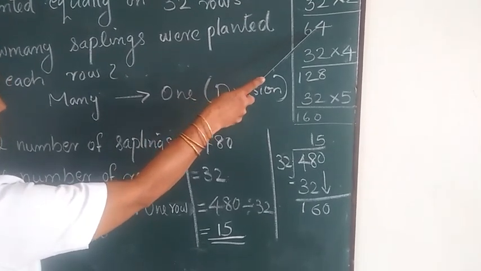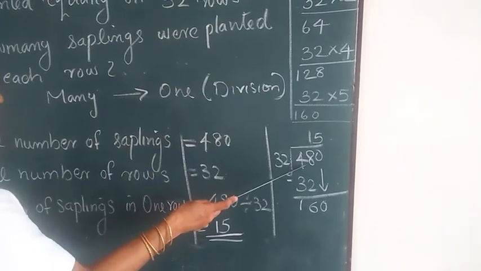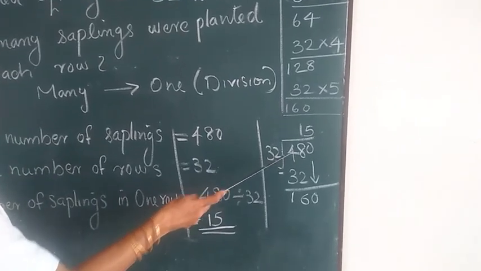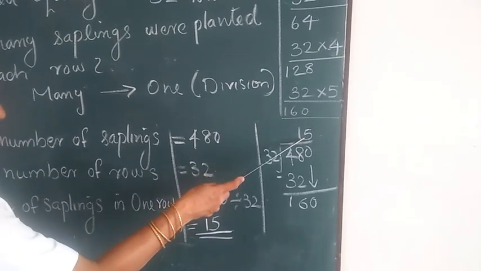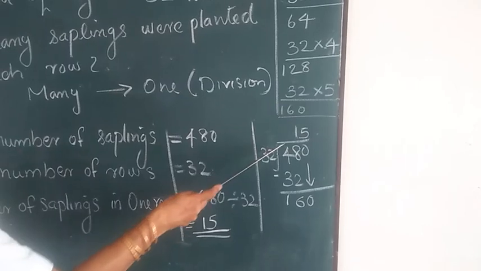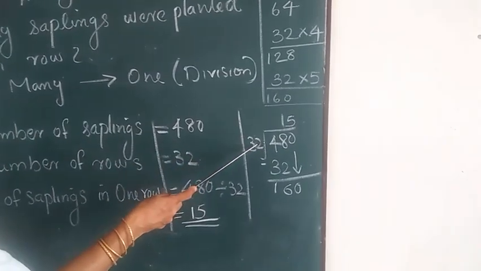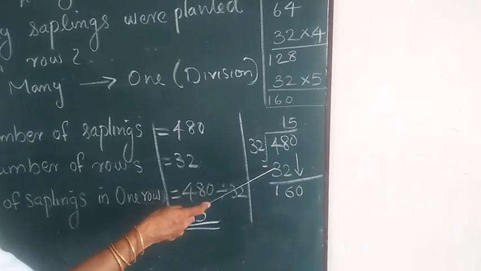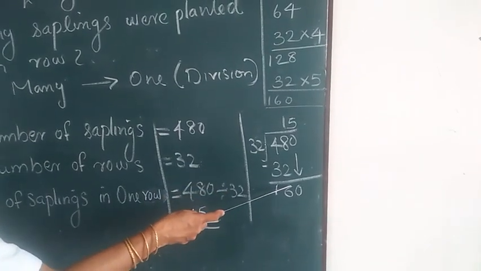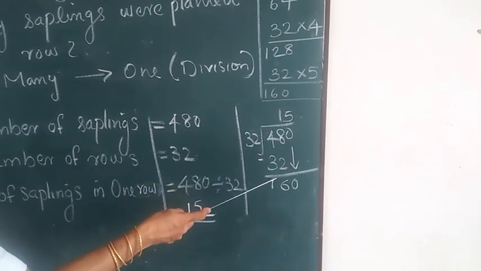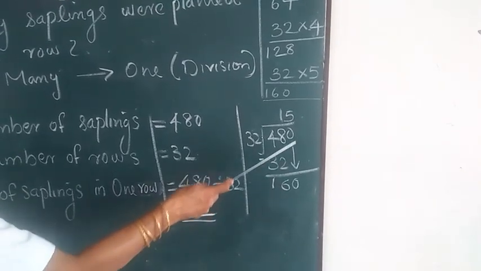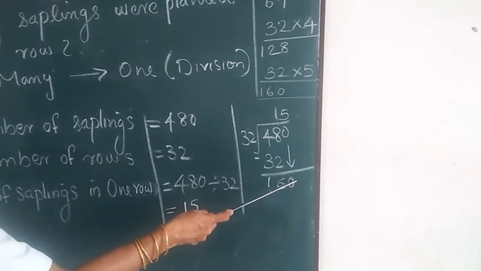So only one time we can take 32 from 48. So we write here 1. Next we multiply 1 into 32, 32. Subtracting, 8 minus 2, 6. 4 minus 3, 1. Then bring down the next digit 0.